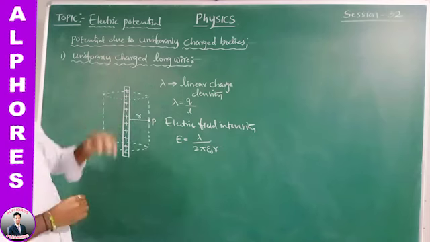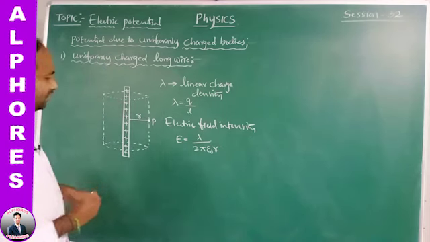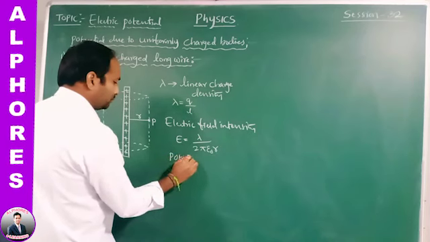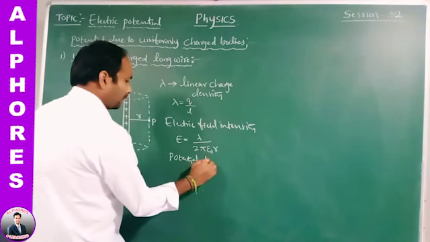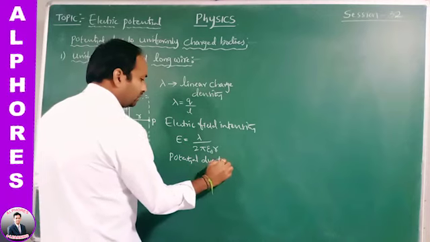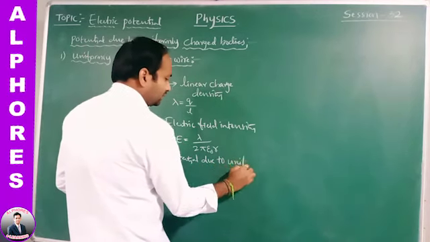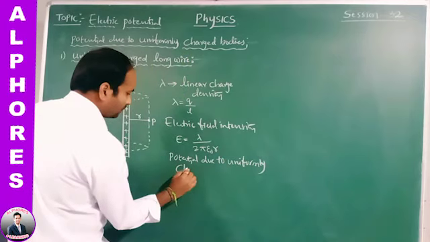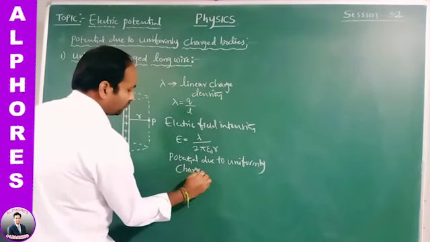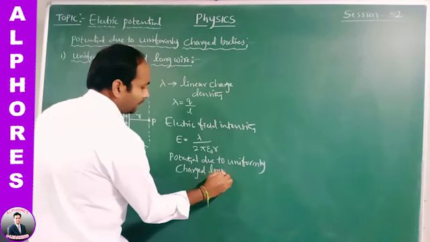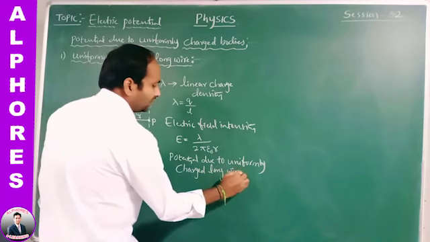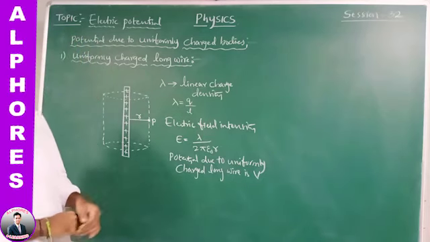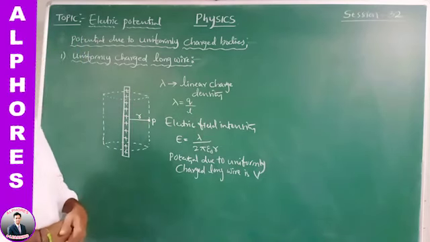But here we should calculate the potential. We need to find the potential due to a uniformly charged long wire, V. We know E, so can we calculate V using the relation between E and V?